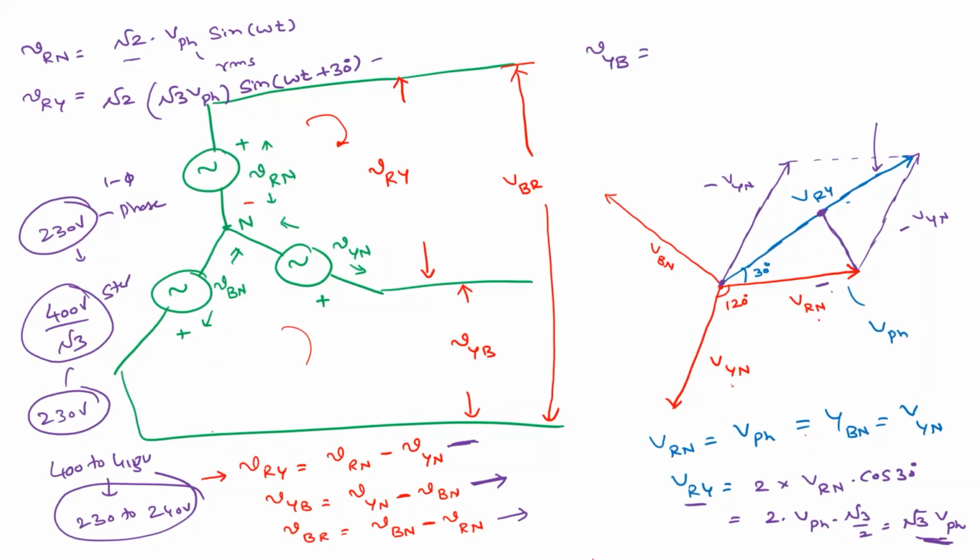Root 3 into V phase only. Its magnitude is also root 2 times root 3 V phase, sine omega t plus 30 degrees.